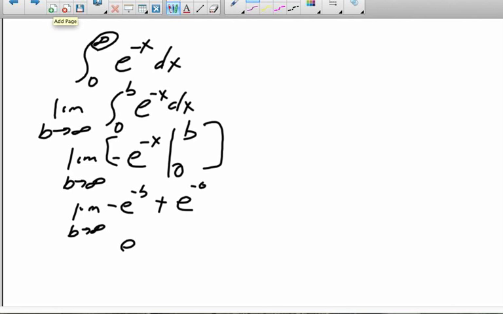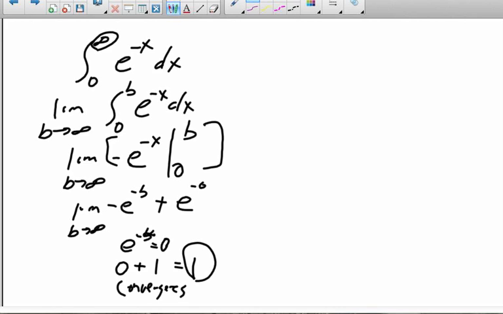So the limit of e to the negative b is 0. So I've got 0 plus 1, which is 1. So this thing converges, and our integral is 1.